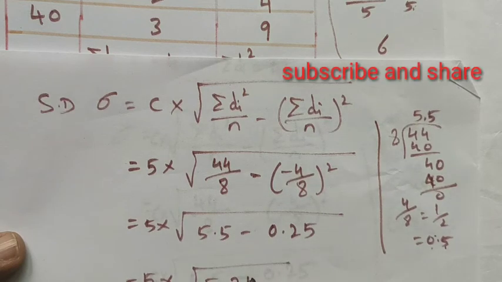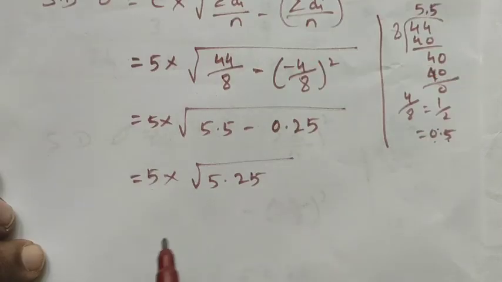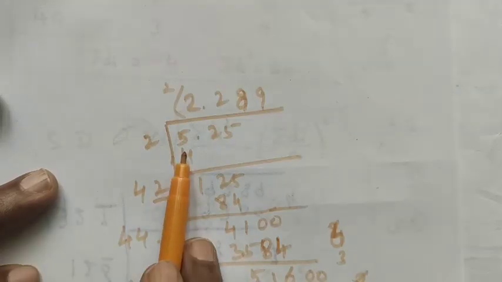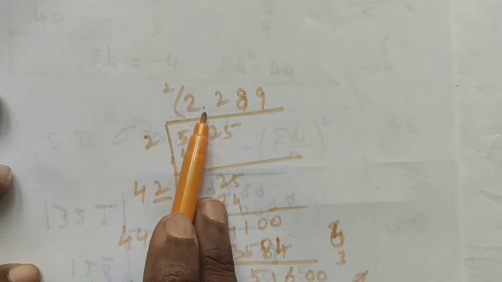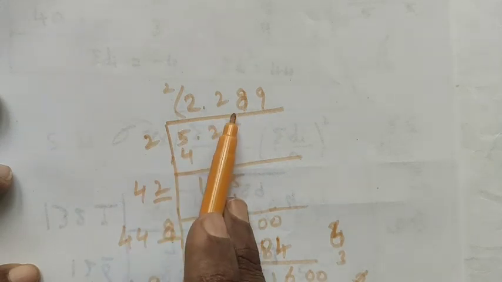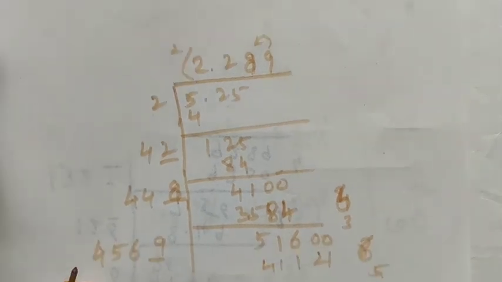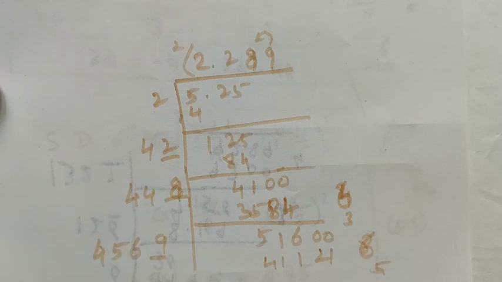5.25. If you take the square root of this, it is not exactly a perfect square, since 2 2s are 4, so we get 2 point something. Now we find the square root of 5.25, we get approximately 2.29.